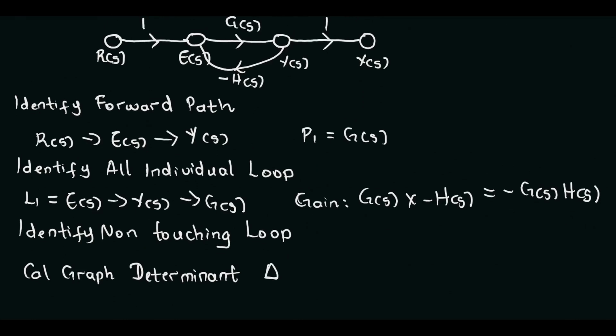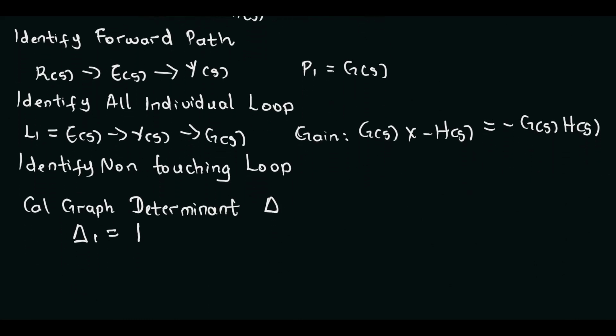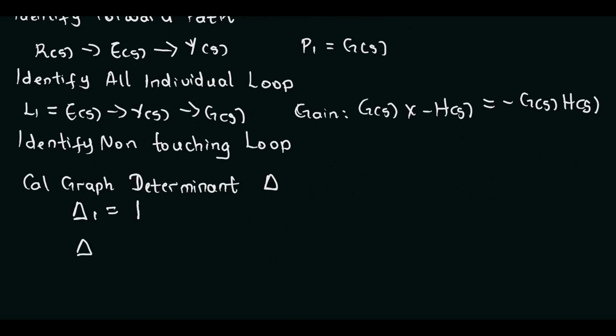Since all the loops are touching part 1, your graph determinant will be equal to 1. In the next example, we're going to solve for where the loops are not touching a particular path. Let's calculate the total determinant.